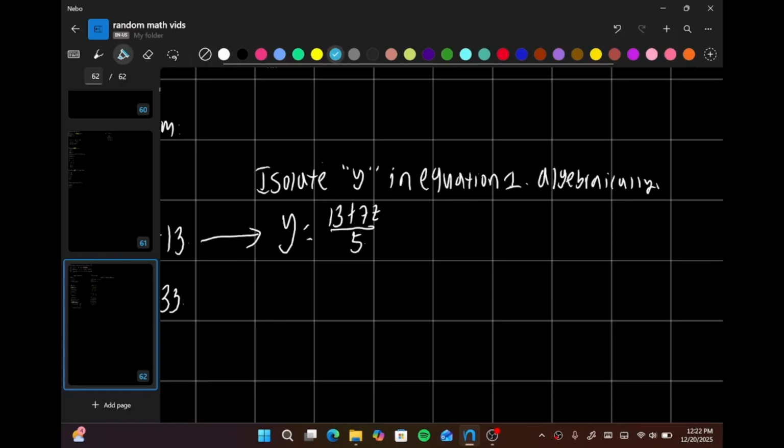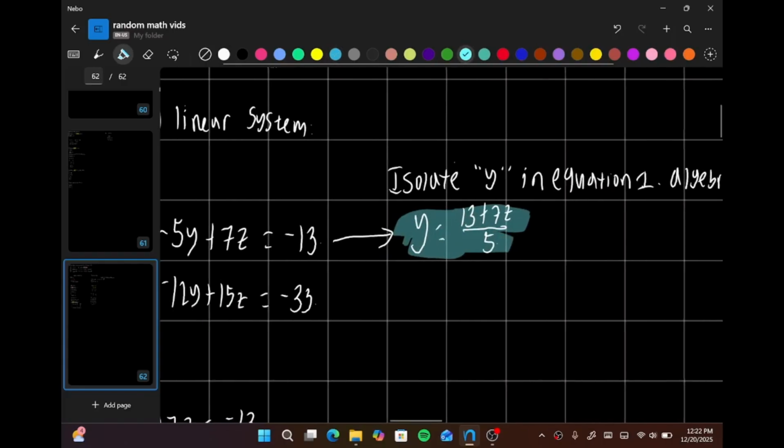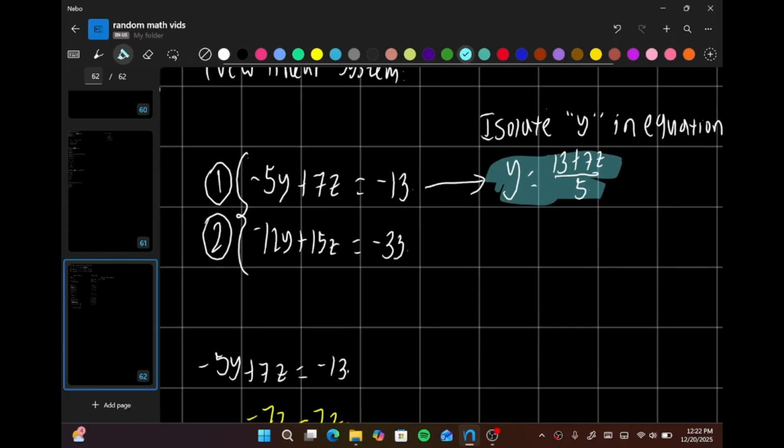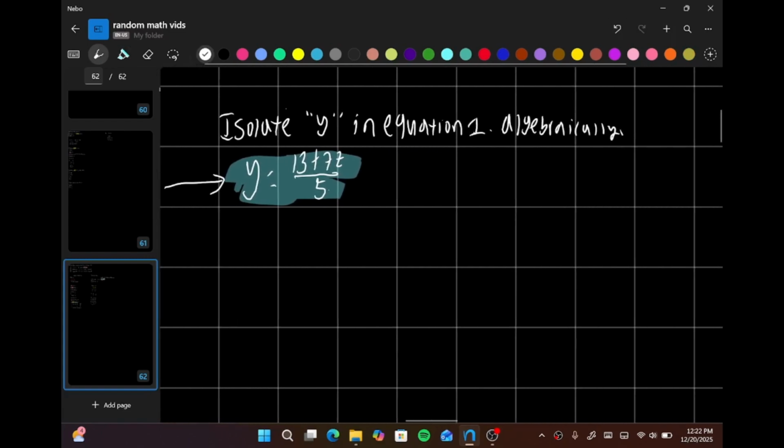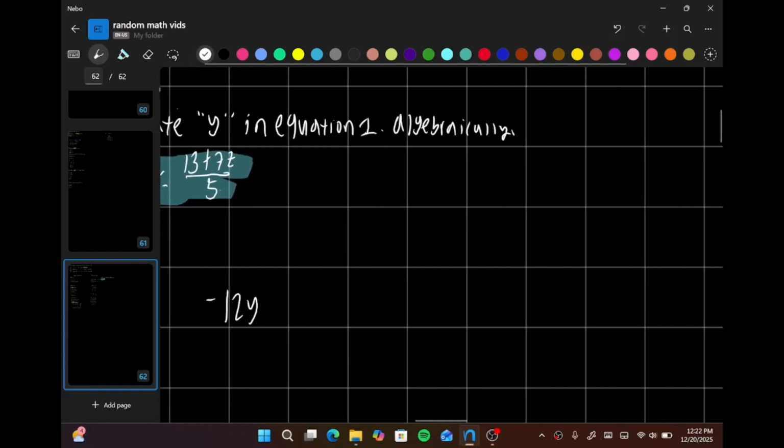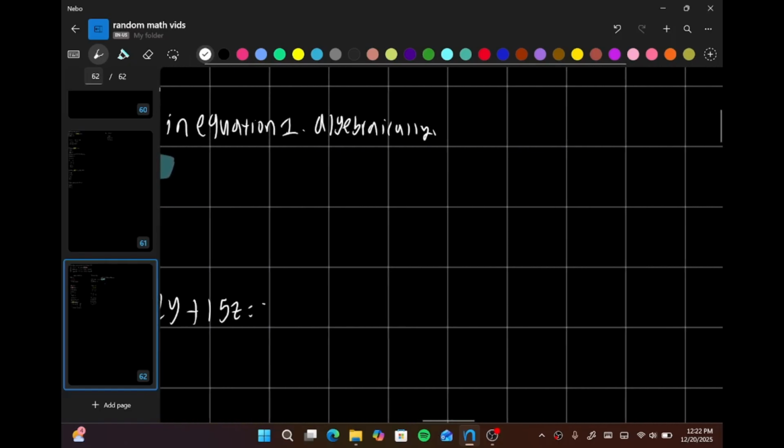Now what we're going to do, we're going to substitute this in for this stuff. Actually, sorry, no. For this stuff here. So we're going to have negative 12y plus 15z equals negative 33.